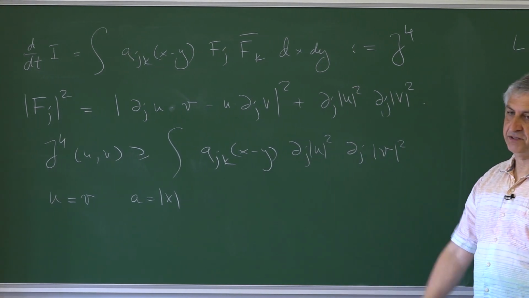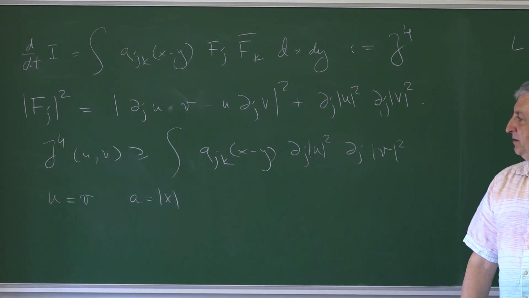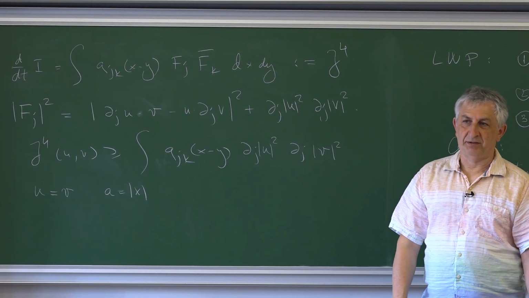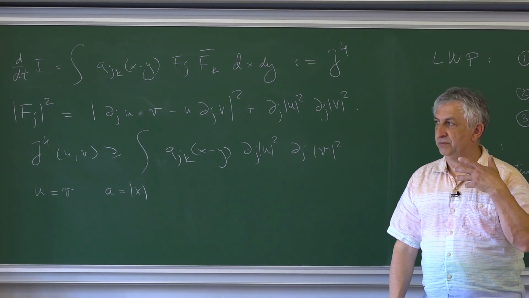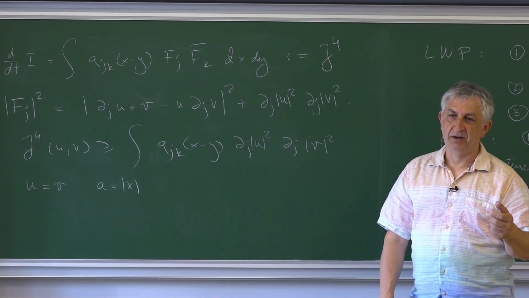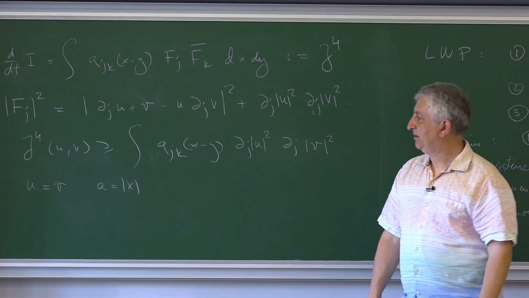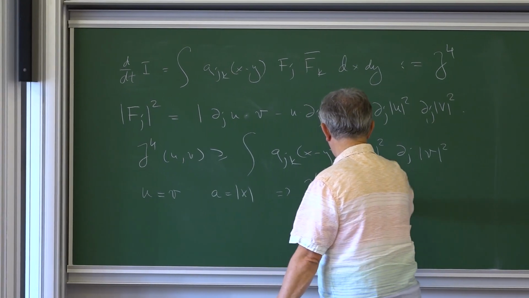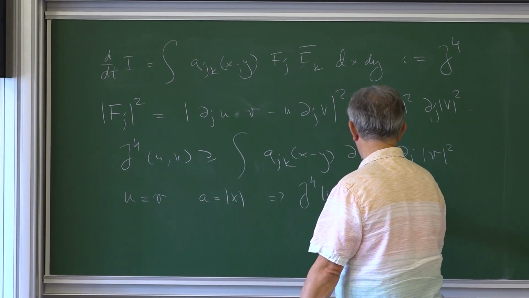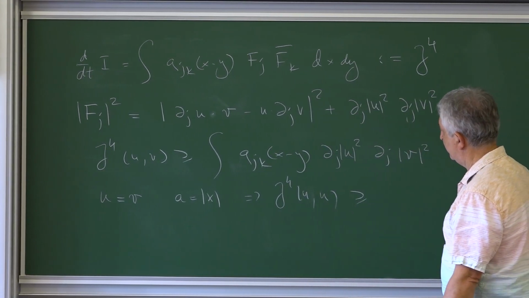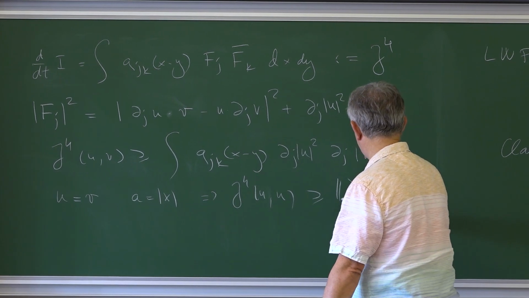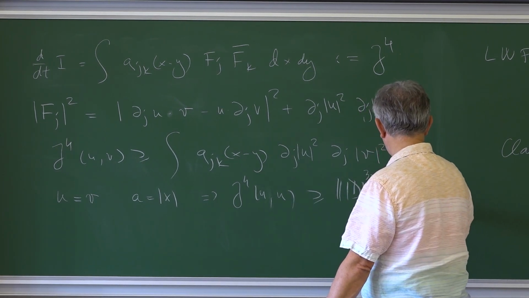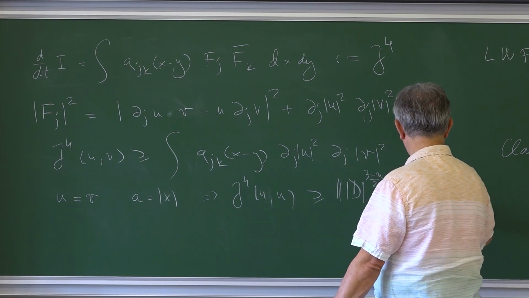You have two derivatives, so it's like a kernel of order minus 3, which gives us a symbol for the corresponding multiplier of order 3 minus n. And so then J4 of u and u is greater than the norm of d to the power of (3 minus n) divided by 2 of u, squared, in L2 squared.